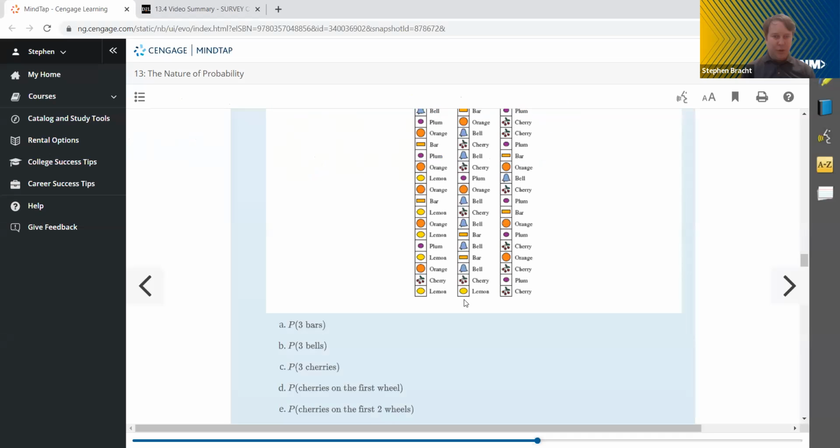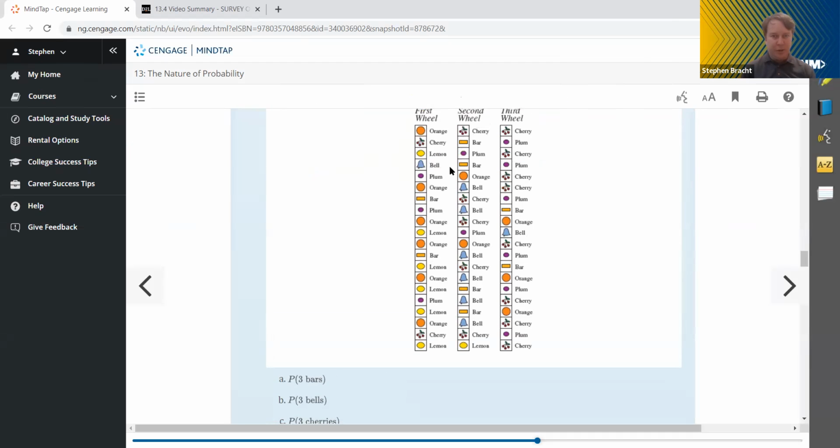All right, for part C, probability of 3 cherries. So same thing, but this time we're looking at cherries. I see 1, 2 cherries on the first wheel. I see 1, 2, 3, 4, 5 cherries on the second wheel. I see 1, 2, 3, 4, 5, 6, 7, 8 cherries on the third wheel.